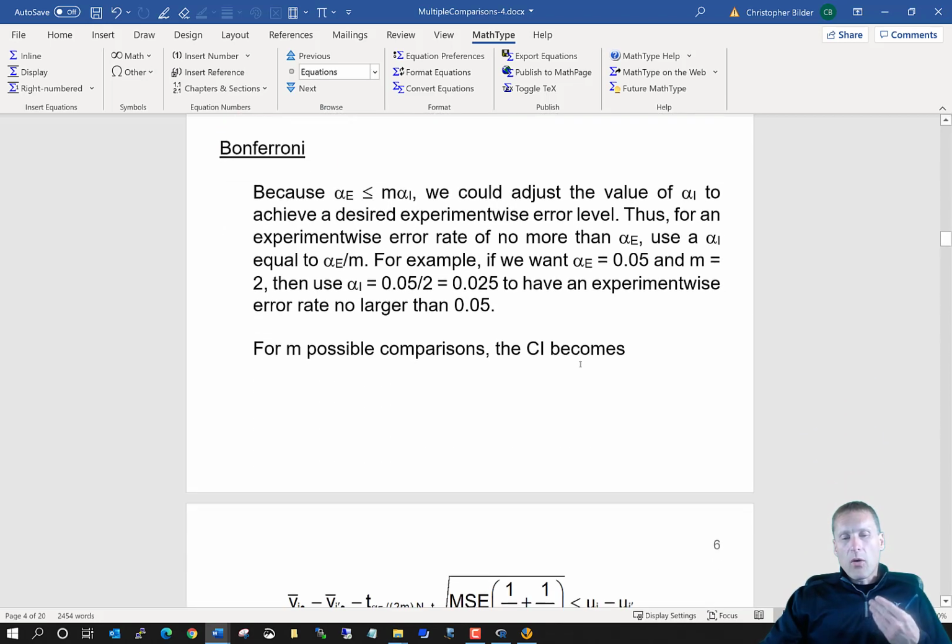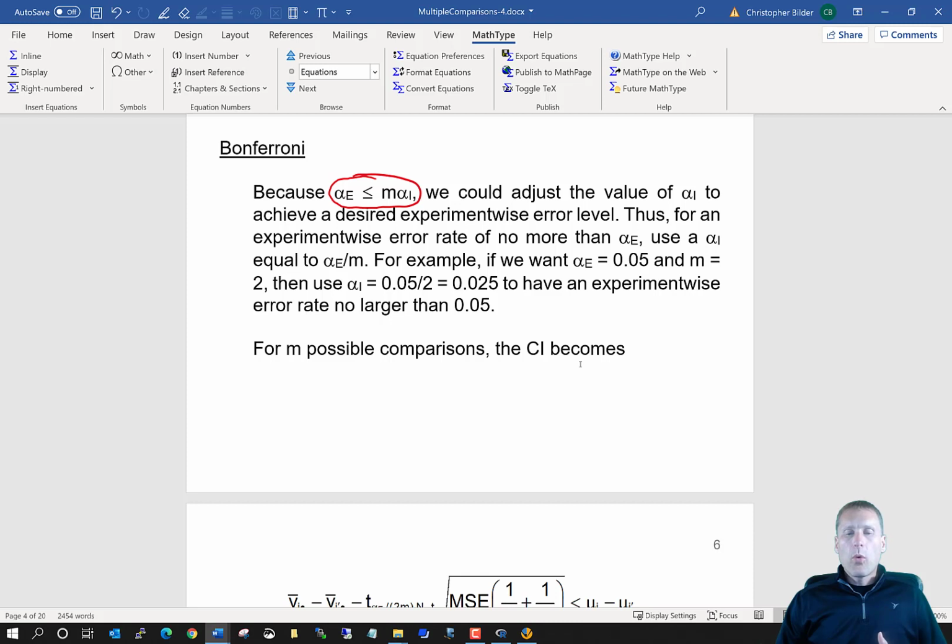One procedure that does help us somewhat get a measure is called a Bonferroni multiple comparison. Okay, here's how it works. So remember, our alpha sub E, our probability that we make at least one type 1 error, is going to be less than or equal to m times alpha sub I. Okay?